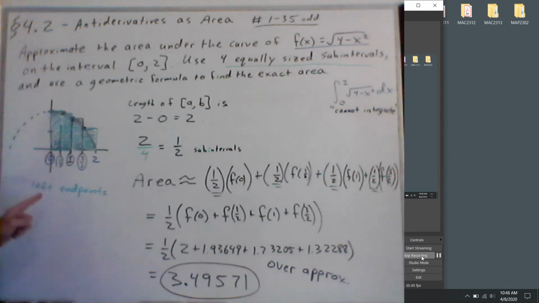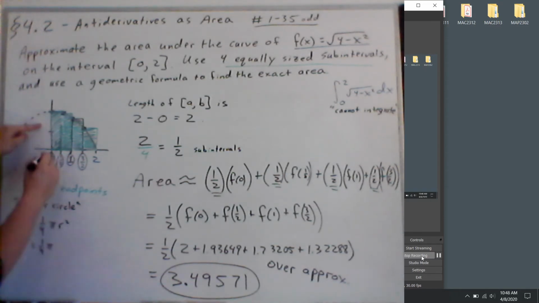But luckily for us, this is just a quarter of a circle. Which means if we want to find the area of the entire circle, we would do pi r squared, but we want 1/4 of pi r squared to get our exact area. So we're going to do 1/4 of pi times, now this radius that we had was 2, right?